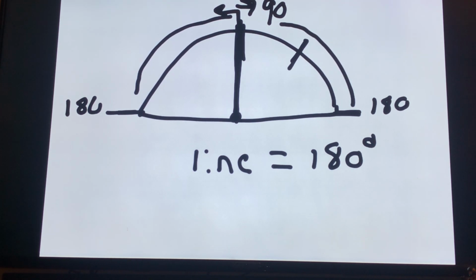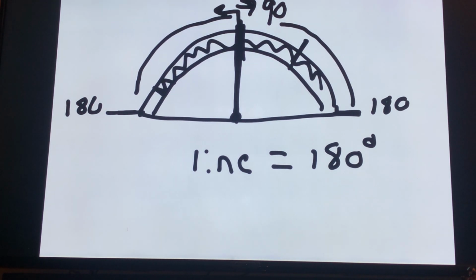Now, one thing I want you guys to realize also is you can read it two different ways. The top is going to read from 10, 20, 30, 40 from left to right, and the bottom is going to read from right to left. So if you're reading from here, the top, you're going to read from 0, which will start right here, all the way to 180 right here.